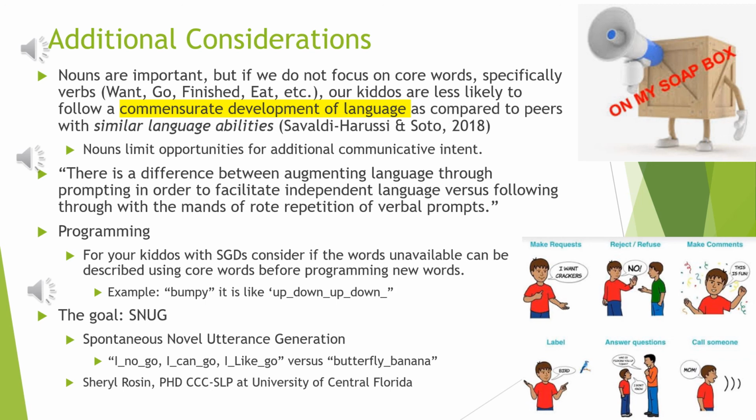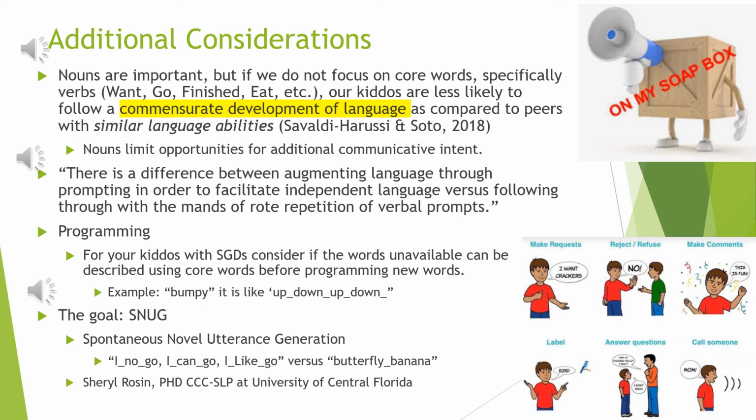The reason we want to do this, right? Remember, we want the most for our kids, the most language. That's because our goal here, okay, is quality. We need quantity and quality. We need SNUG, the end-all goal, SNUG. Spontaneous, novel utterance generation.